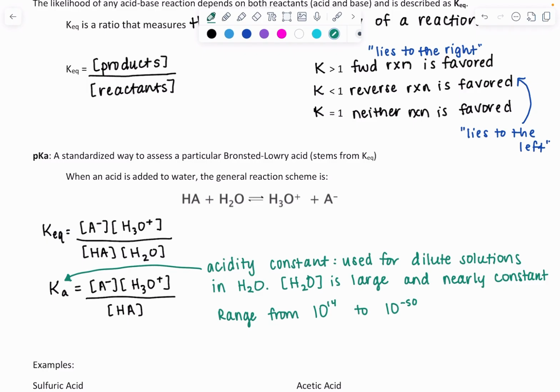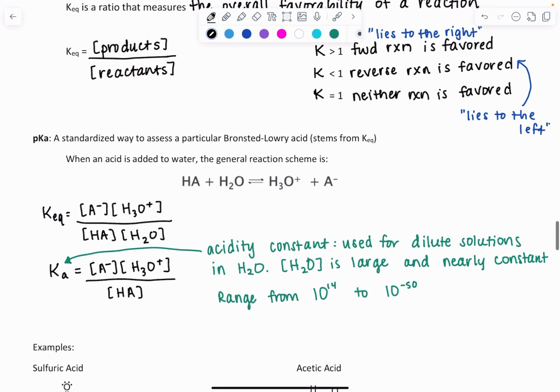Now, because these values are so large, we in chemistry more often use pKa, which is the negative log, which is base 10, of the Ka for an acid. So we take that really large number or really small number, anywhere in between, and it becomes a more readable number.